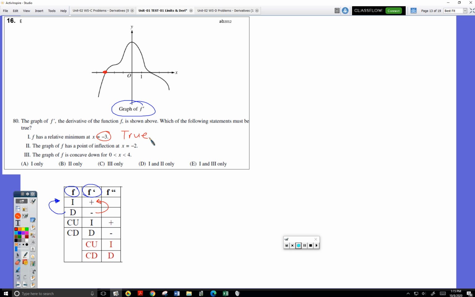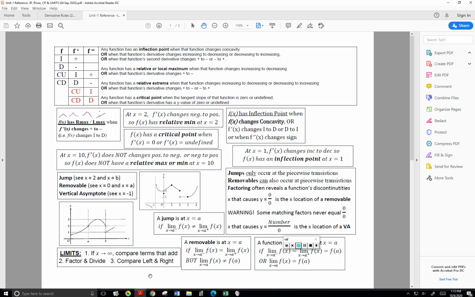The graph of F has a point of inflection at x equal -2. Need another flashcard. Right here. This flashcard here. So make that flashcard if you need to. The way I make the flashcard is I put on one side F has an inflection point.